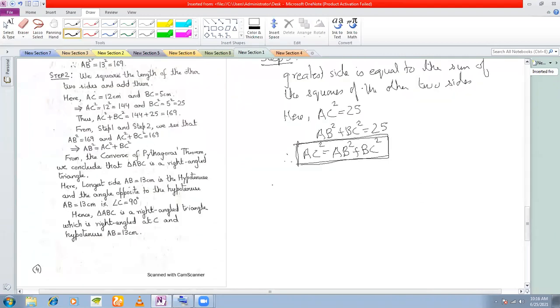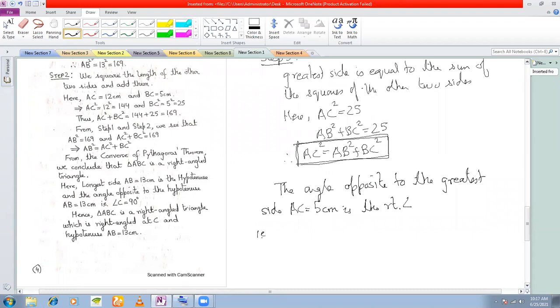Now the angle opposite to the greatest side, AC equal to 5 centimeter, is the right angle.